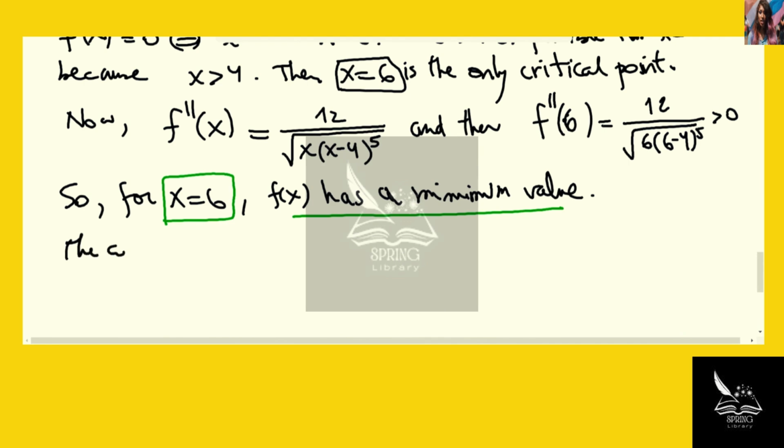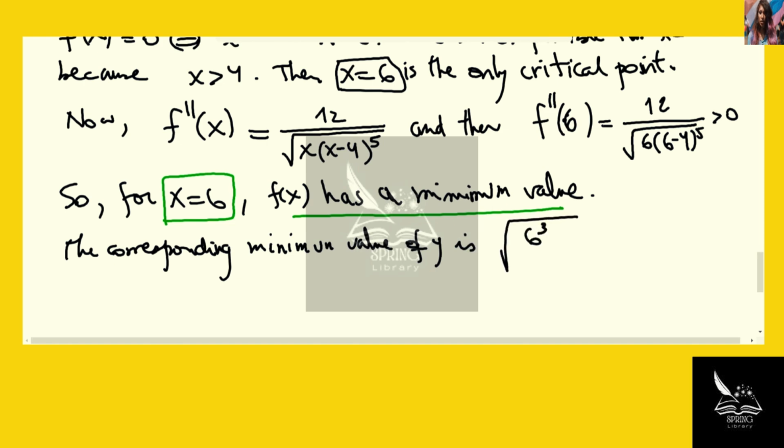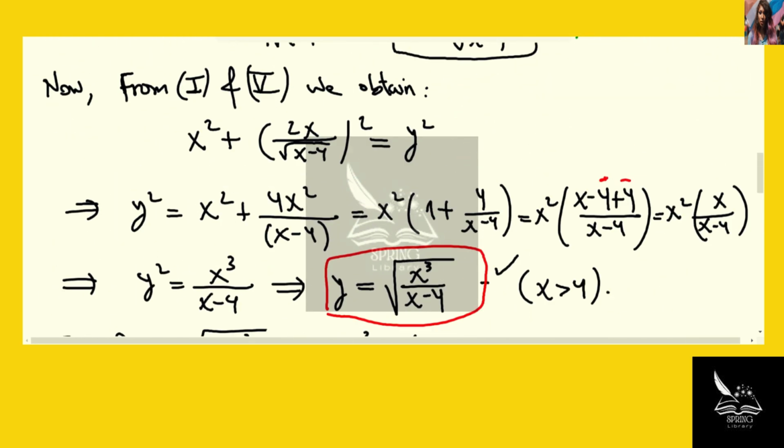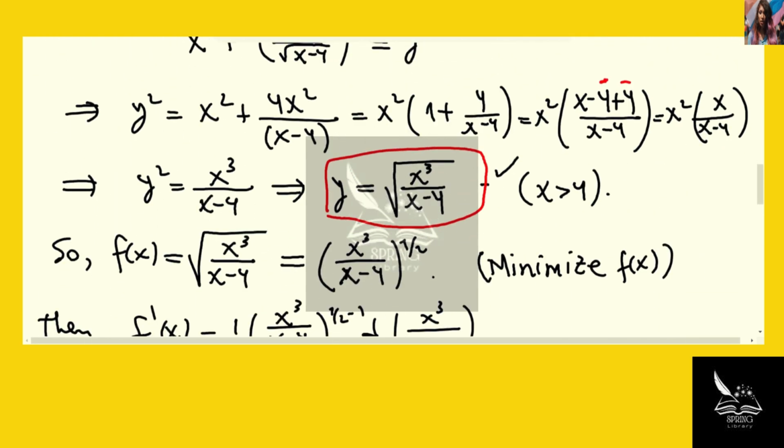So the corresponding minimum value of y is the square root of x cubed, 6 cubed over 6 minus 4, right here.